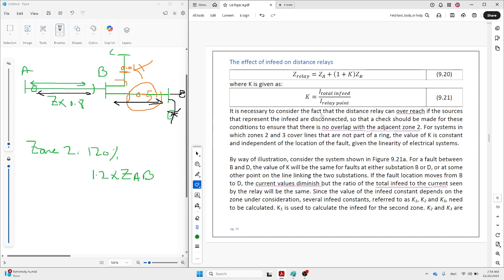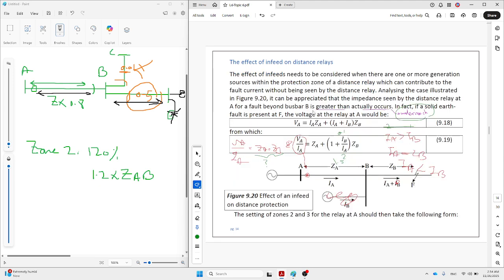For removing the in-feed condition, you have to calculate the K factor. The K factor comes in this way. All the currents feeding the fault point in the same way as the normal current, which is IA. So IA this way, correct?